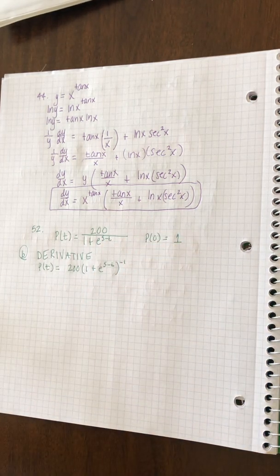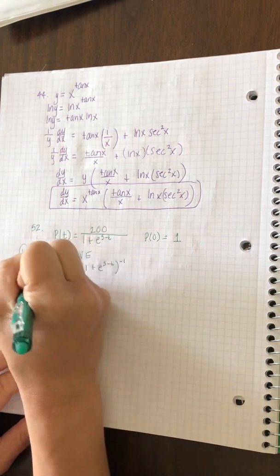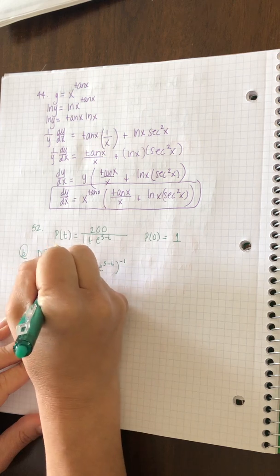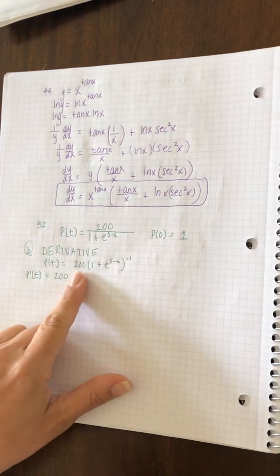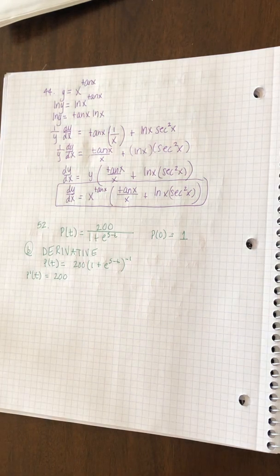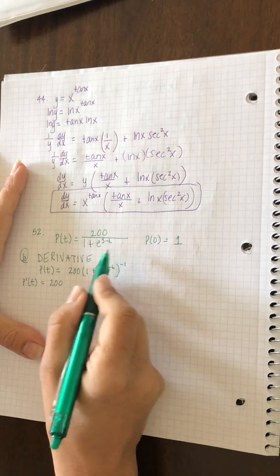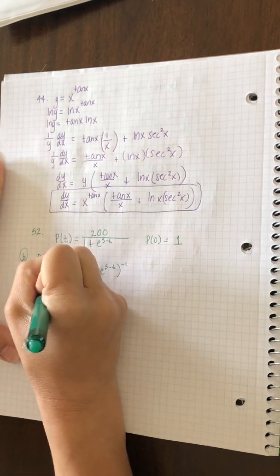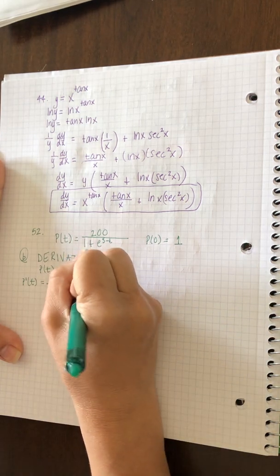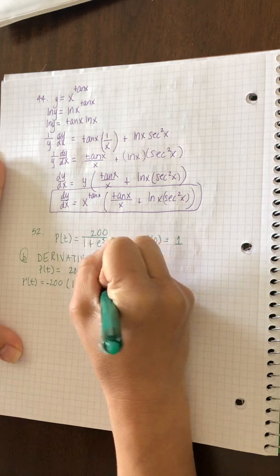Okay. Product rule. The first, 200. The 200 times the derivative of 1 plus e to the 5 minus t. Okay, here we go. Chain rule. Negative 1 comes in front. 1 plus e to the 5 minus t.